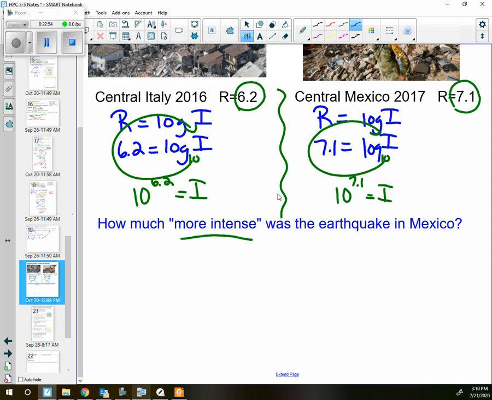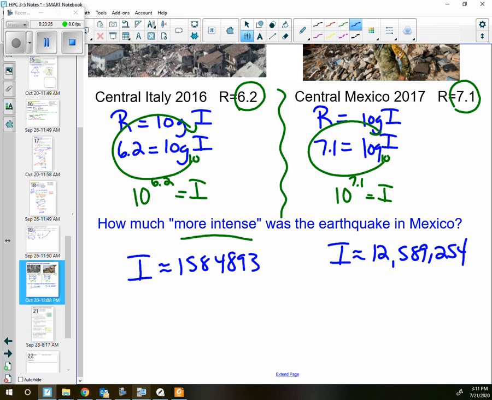So if you think about what that means, then we're looking at a difference between 10 to the 7.1 and 10 to the 6.2. So how much more intense would it really be? Well, 10 to the 6.2, go ahead and type that into your calculator. And 10 to the 7.1, go ahead and type that into your calculator. And let's make that comparison. So I'm just going to round to whole numbers just to make life a little bit easier here.